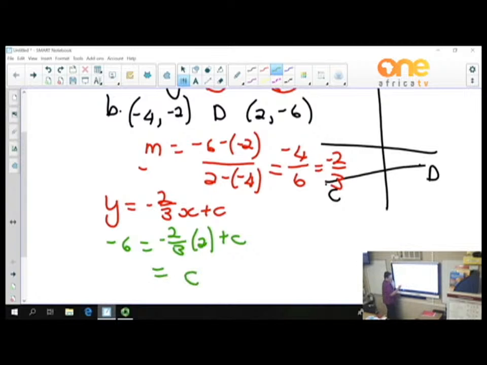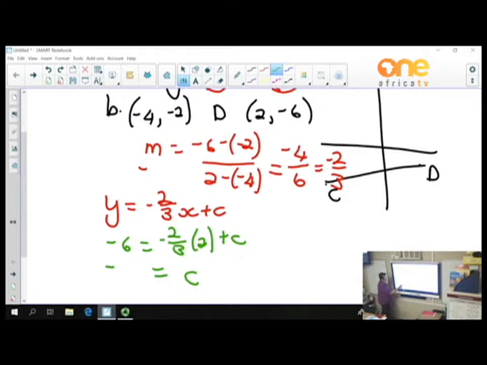And c is then -4/3 plus 4/3, which is what? 4/3 is 1 1/3. So if I bring it over, it's positive 1 1/3. So -6 plus 1 1/3 should be -4 2/3.